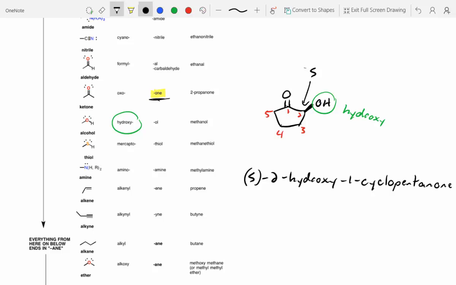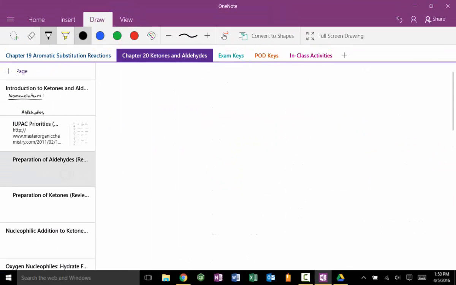All right, so let's do a little review with how we can prepare both aldehydes and ketones, because we've seen them already in a few of our chapters. And let's start with aldehydes first. We know that we can prepare aldehydes through oxidation mechanisms.